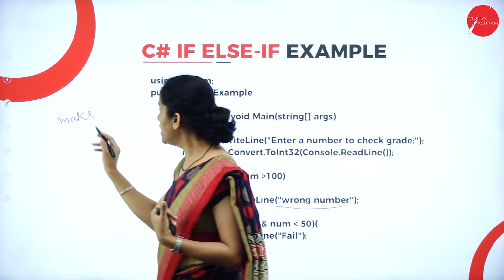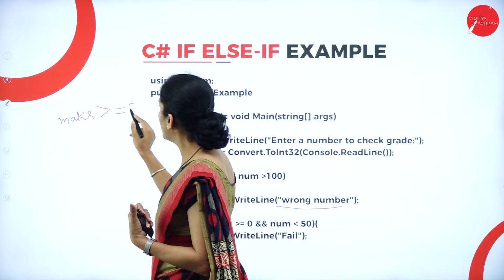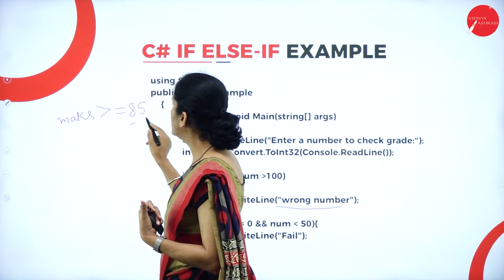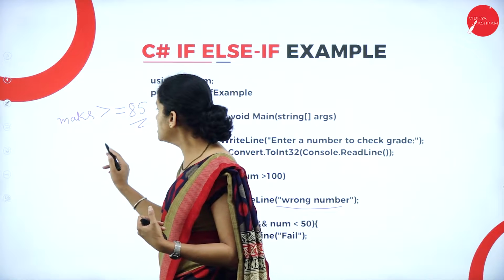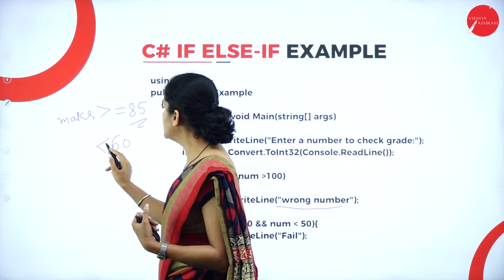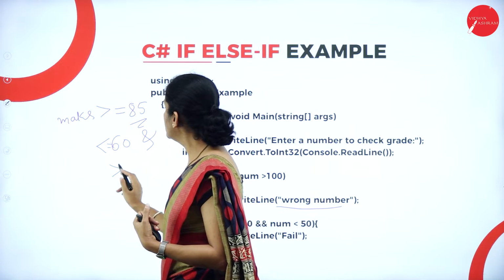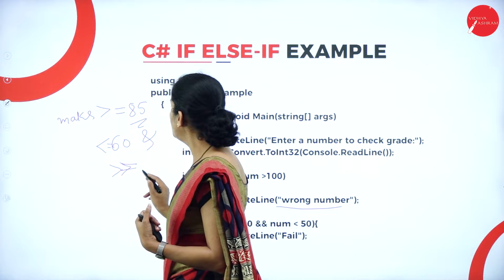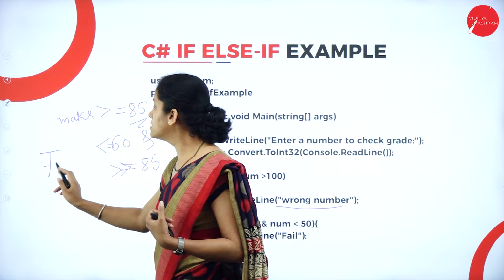For example, if marks are greater than or equal to 85, then it is distinction. If the marks are less than or equal to 85 and greater than or equal to 60, then it is first class.